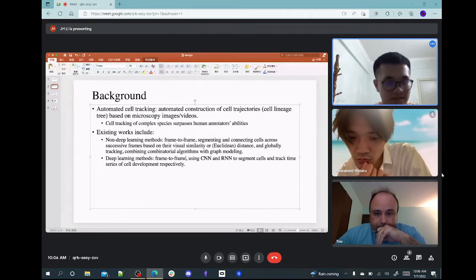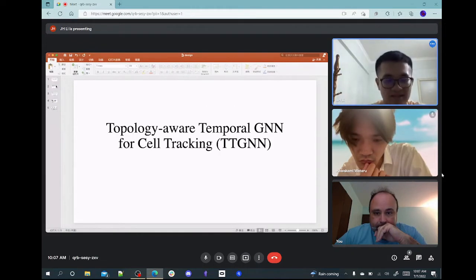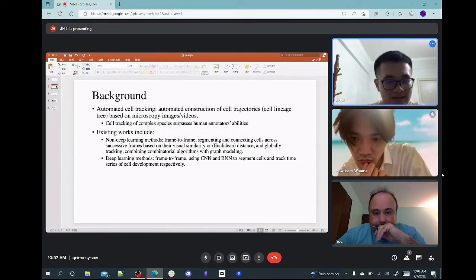These are some backgrounds of automated cell tracking. Probably I have limited knowledge of cell tracking, automated cell tracking. So if you have any comments, you can just say in our meeting.